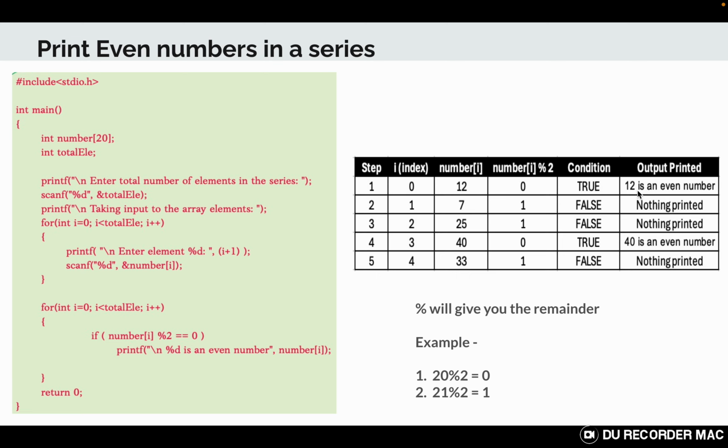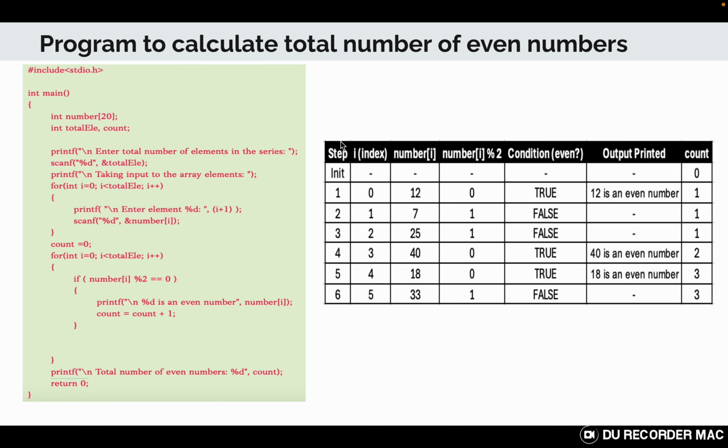So in this case, 12 is an even number and 40 is an even number, and they are getting printed. This is how the even number printing program gets executed, and this is the overall logic and explanation. So we'll move on to the next part.